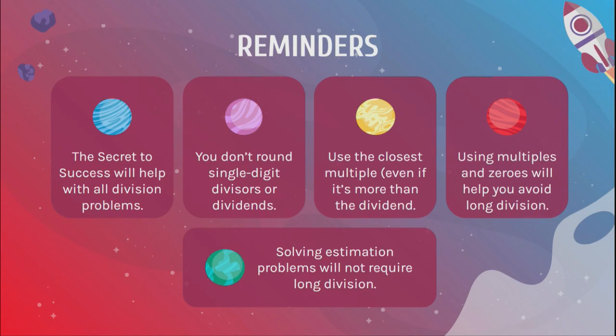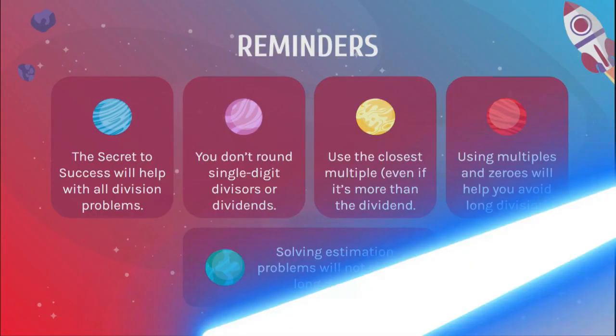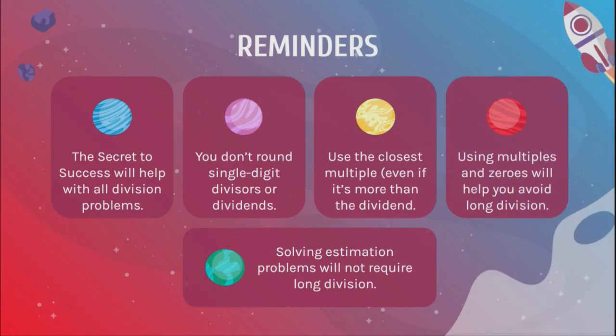All of them. If you watch any of my other division videos, the secret to success is going to be the very first step. Don't round single-digit divisors. Don't even round dividends. Use the closest multiple, even if it's more. Using multiples and zeros will help you avoid long division.